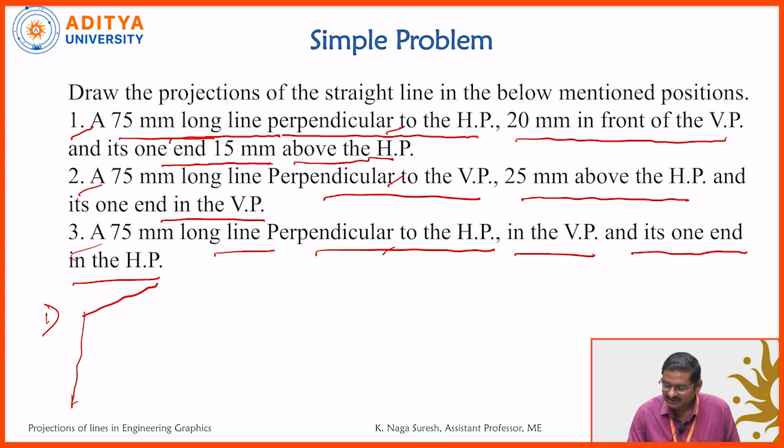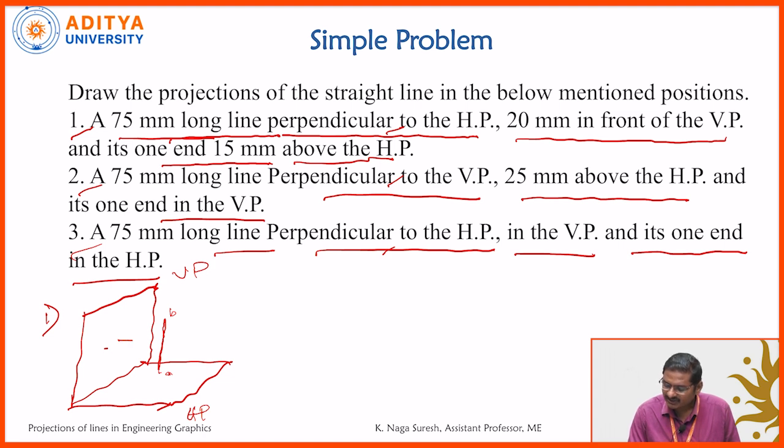So this is the vertical plane and this is the horizontal plane. This is HP and this is VP. They gave a 75 mm long line perpendicular to HP. Perpendicular to HP means parallel to VP. So that belongs to A and B. The 75 mm long line perpendicular to HP, 20 mm in front of VP.